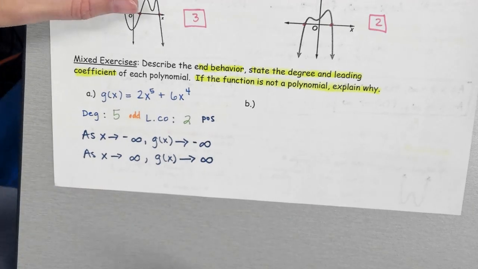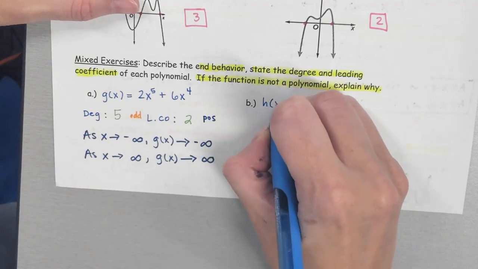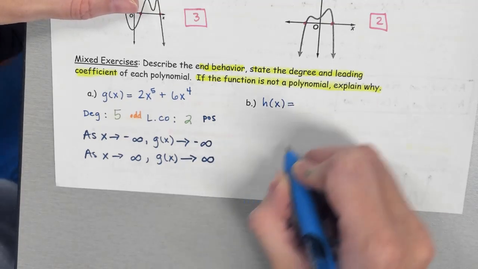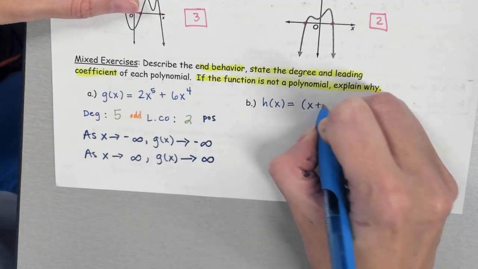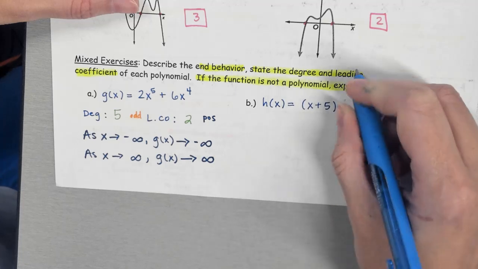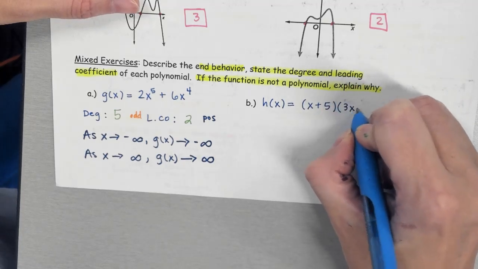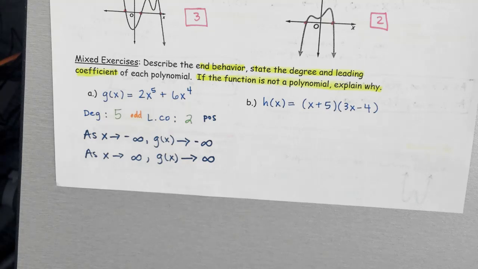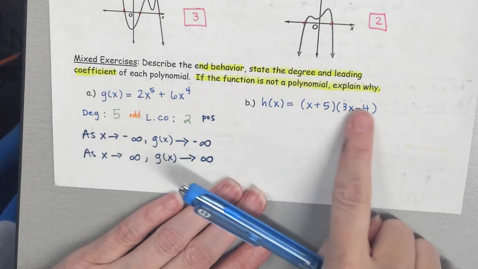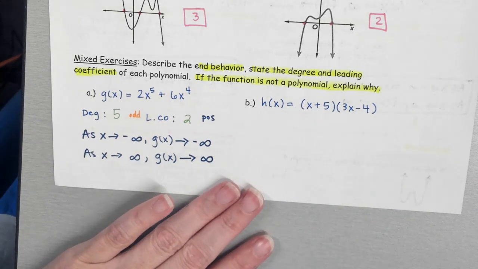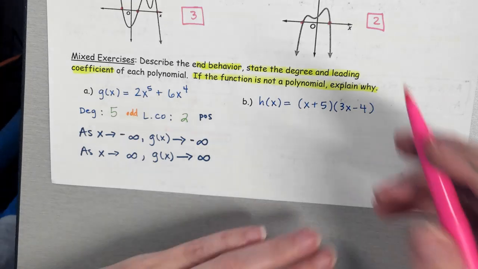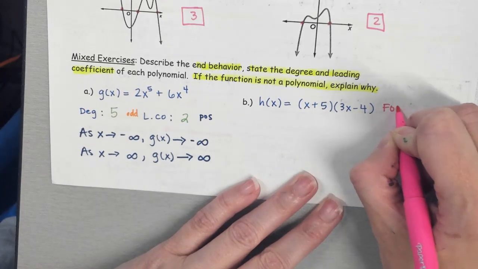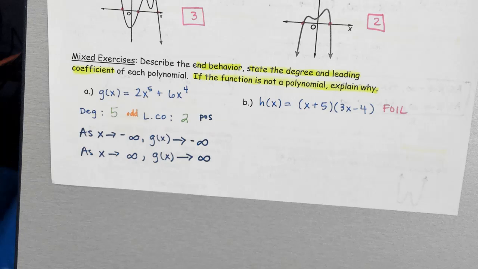Okay, now B looks a little bit different when you first start it. So it's h of x equals x plus 5 multiplied by 3x minus 4. Okay, to see if it's a polynomial or not, we're going to have to expand this using what? FOIL. Okay, so I want you guys to FOIL, and then you can go ahead and do your other steps, okay?